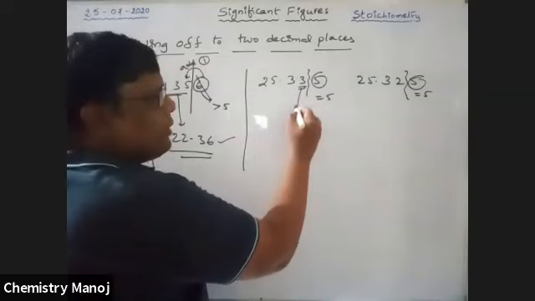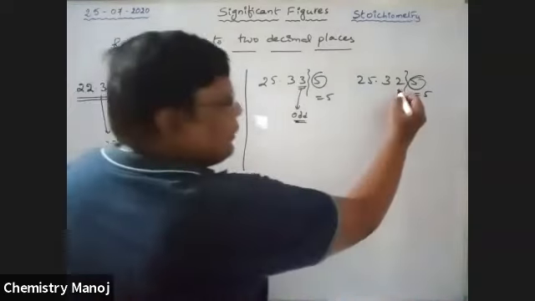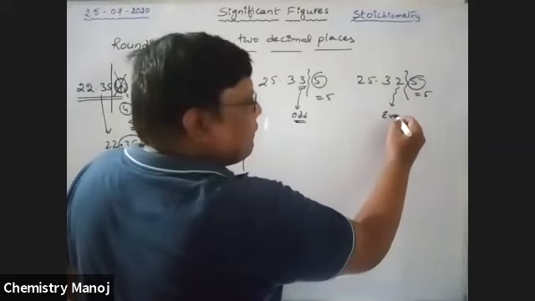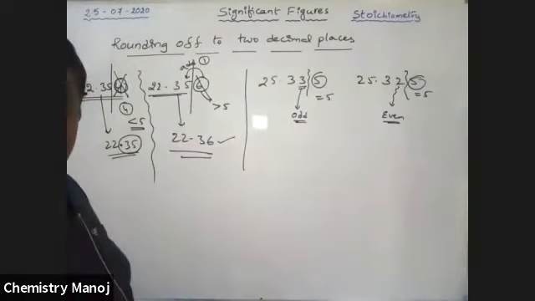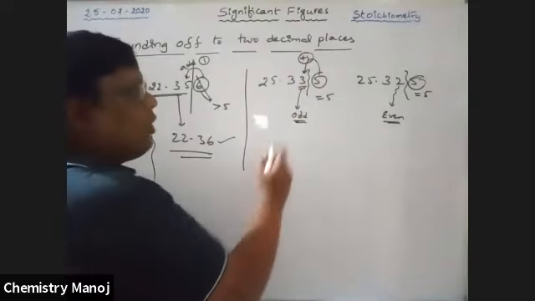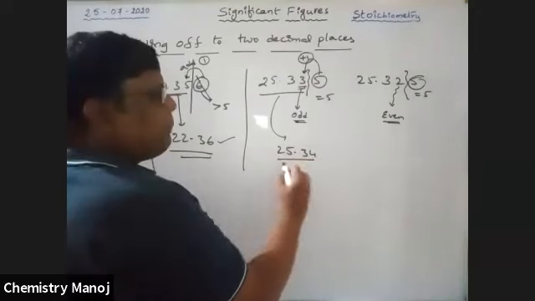If the previous number is odd, remove that 5 by adding 1 to the previous number. Now our answer is 25.34.